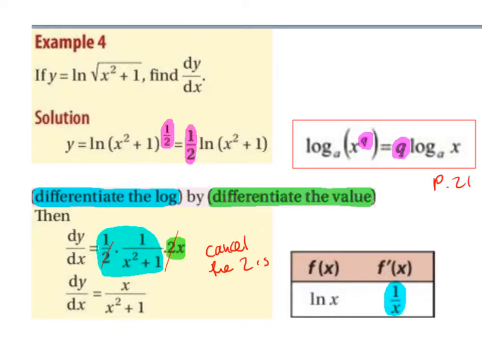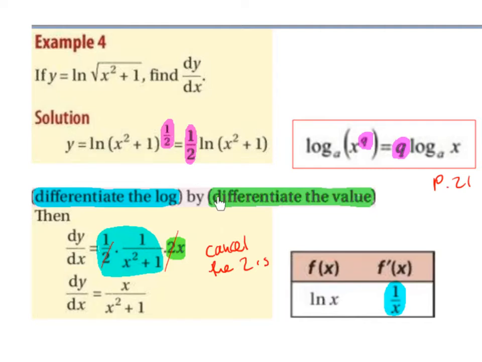And now we can differentiate using the chain rule. So we differentiate the log and multiply that by the derivative of the value. So differentiating the log, we still have the half, but that's multiplied by ln, which gives us 1 over x. So we have 1 over x squared plus 1. So we keep the x squared plus 1 inside.